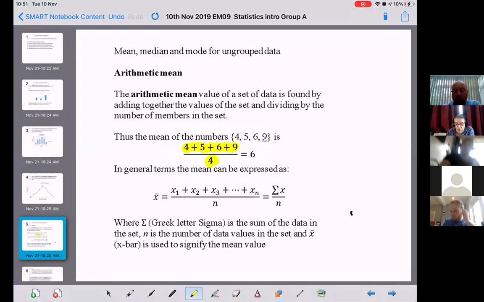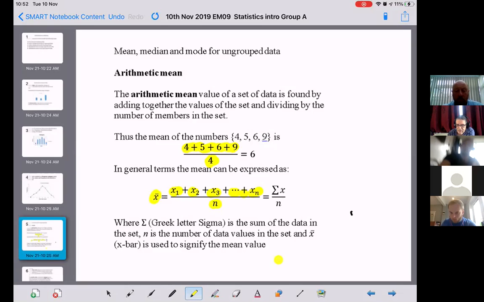Okay, now a way of writing that mathematically is if all the values in the set are x1, x2, x3 up to xn, so that's adding them all up, and then divide them by n, the number in the set, and the symbol for the arithmetic mean is this x bar.